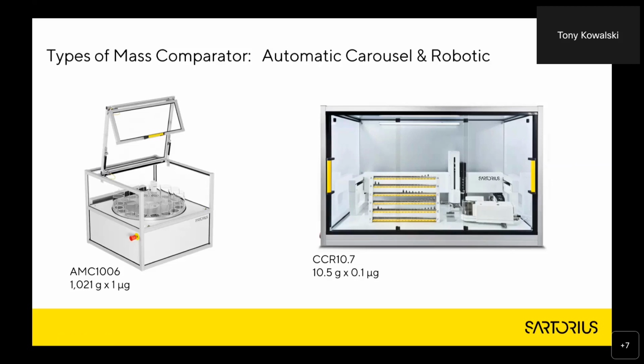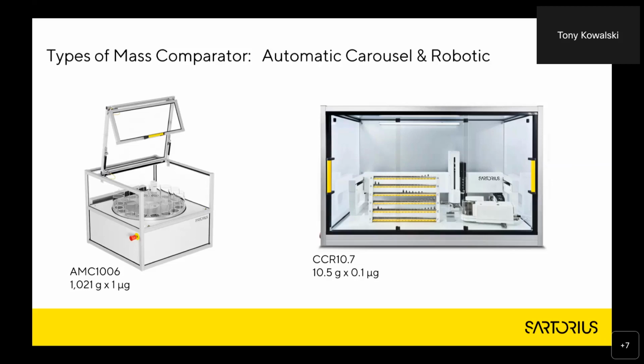Big advantage there is the number of weights you can use. And for the mass laboratories that are performing dissemination, maybe some of the larger regional laboratories or in the National Physical Laboratory, it's even possible to build up a set of 4 weights to compare against a single weight for weighing by substitution. So the robot is the most flexible.